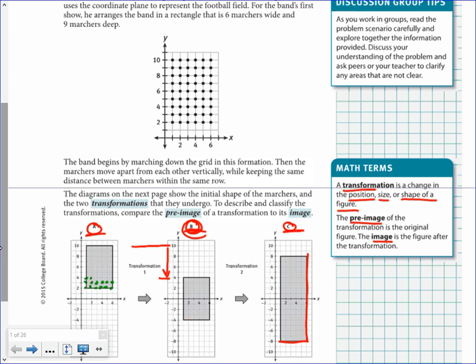In figure B, again, we have all of these little marchers, and you could continue going. For transformation 1, the marchers are still the same distance away from each other. The distance between any two marchers stayed the exact same.